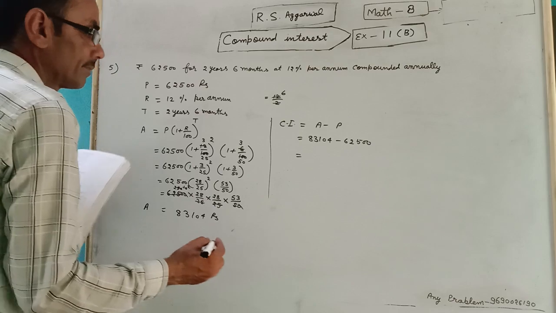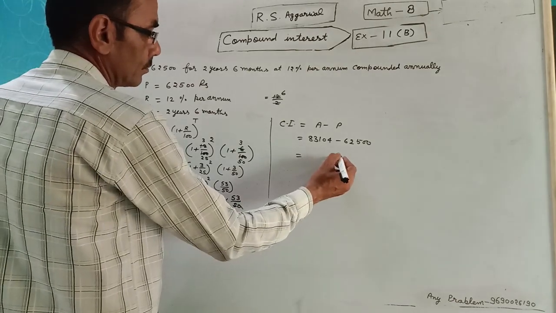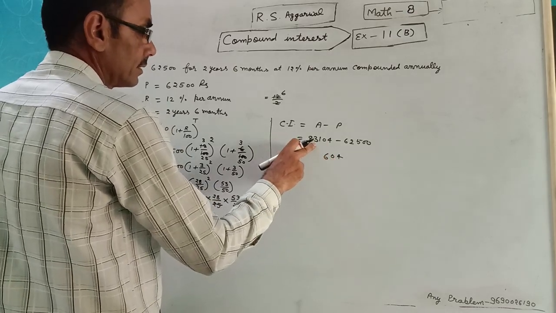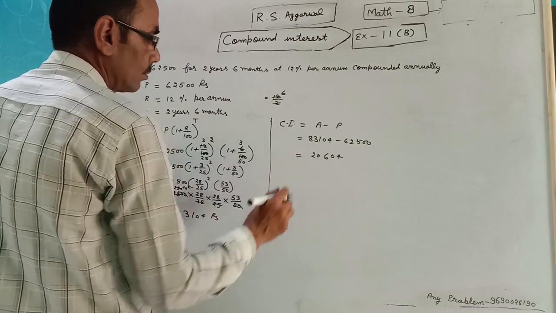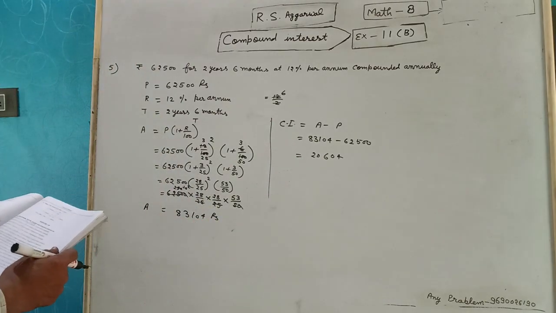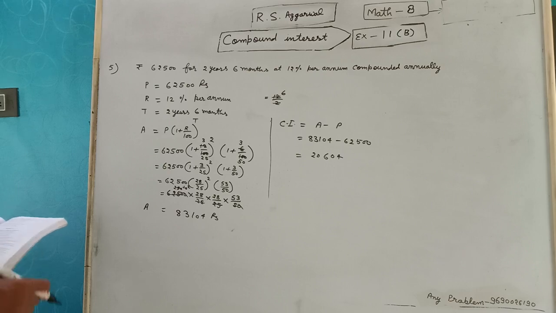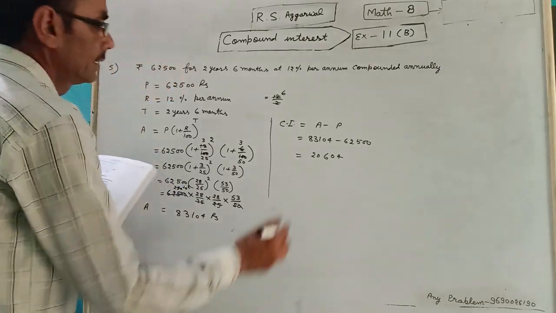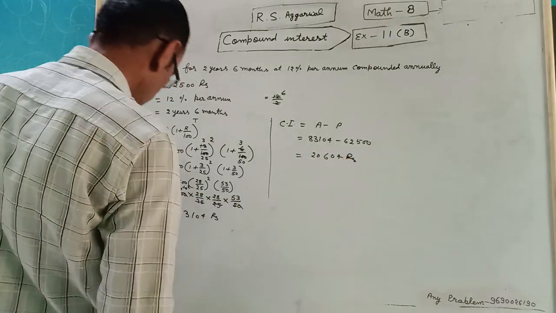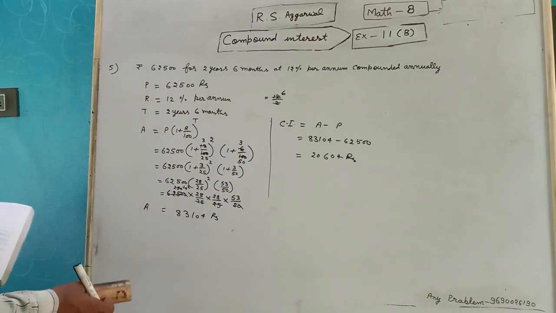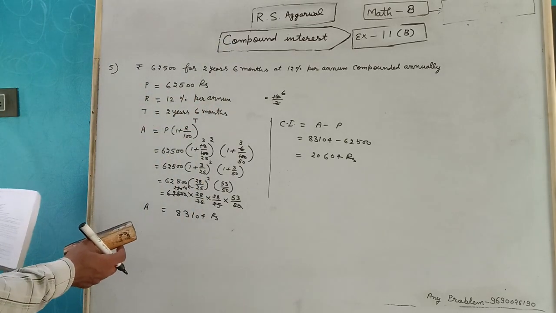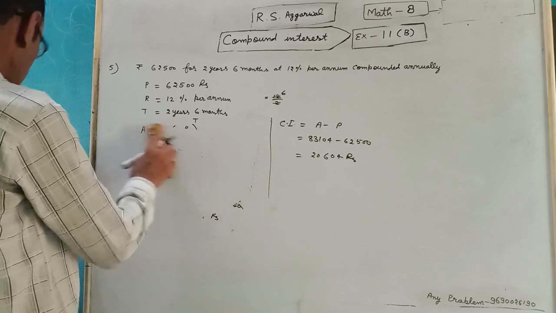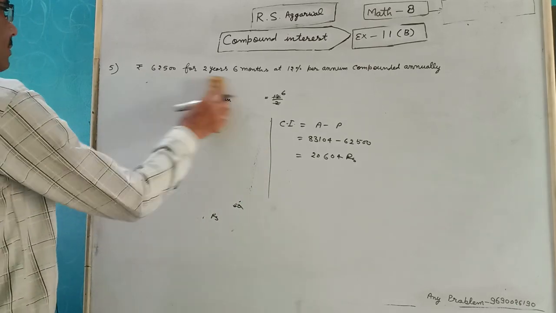After minus, we will get 20,604 rupees as the CI, compound interest. Question number 5 is complete. Question 6 is complete.